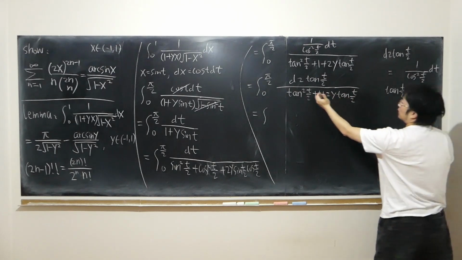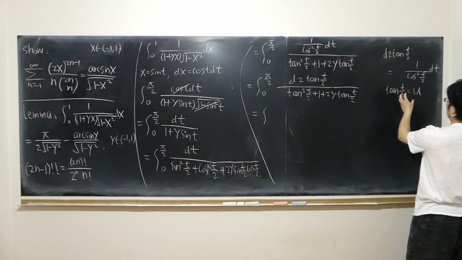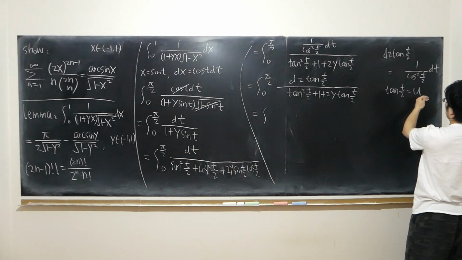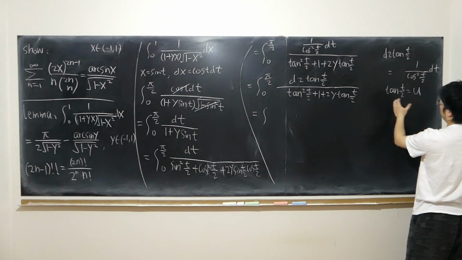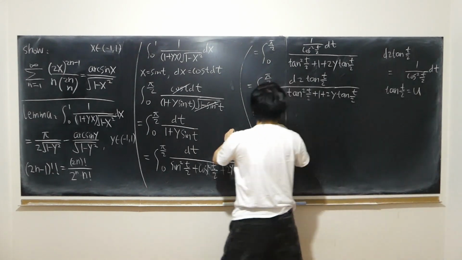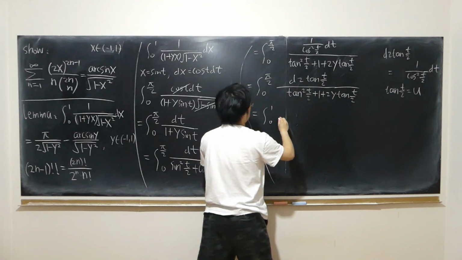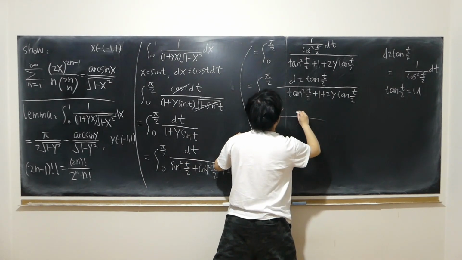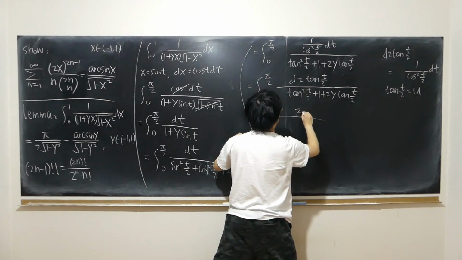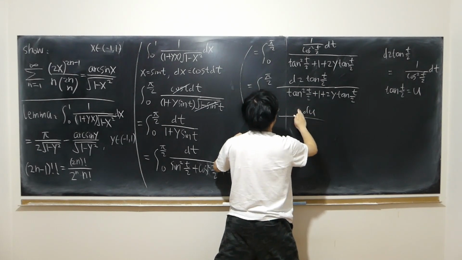When t is equal to half pi, tangent half t becomes tangent of pi over 4, which is equal to 1, so u is 1. So from 0 to 1, like I said, 2 du. I just bring up the 2 here.